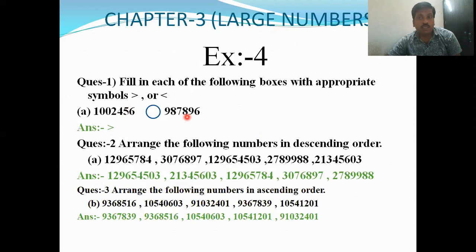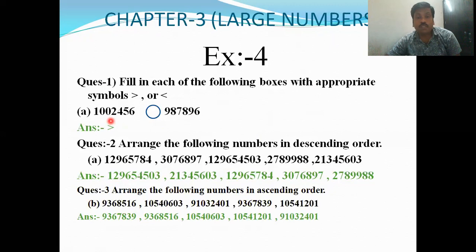We have already learned how we can compare any two numbers. We have already discussed two methods of order relations: according to the number of digits, and when the number of digits is the same.